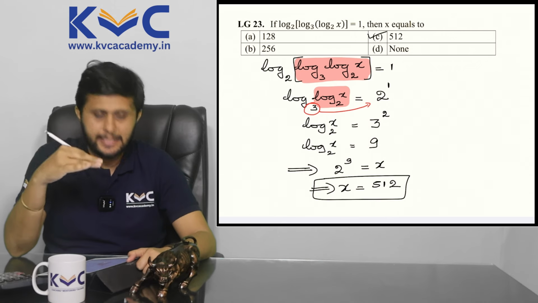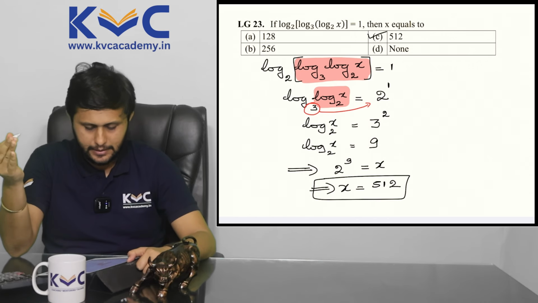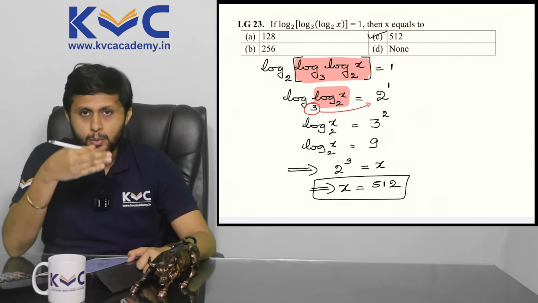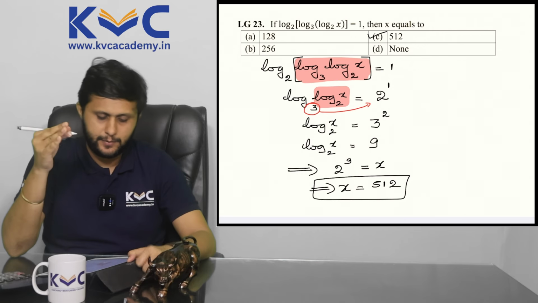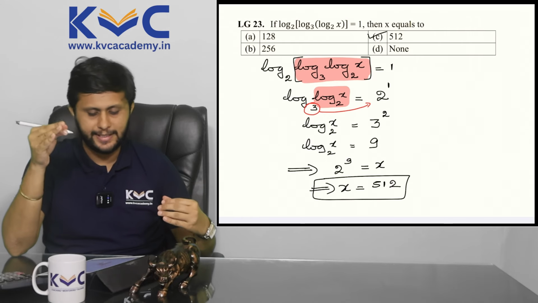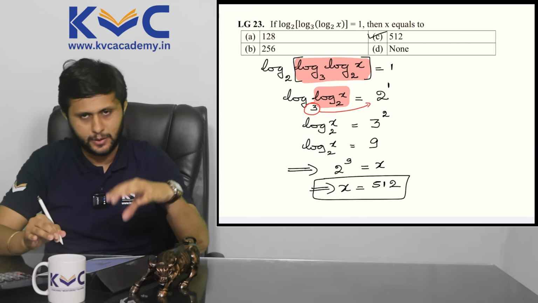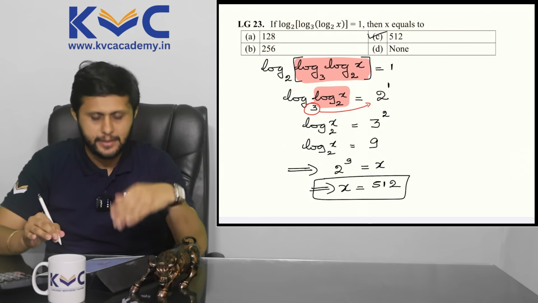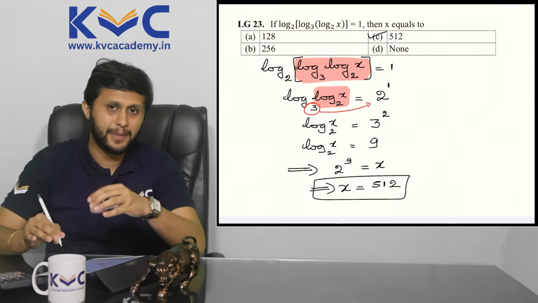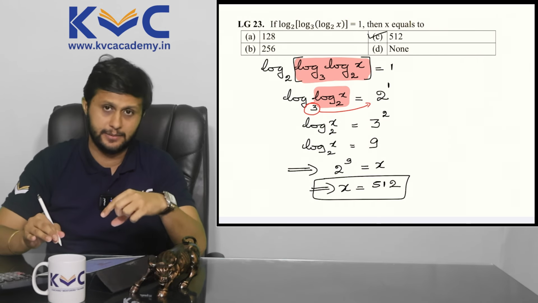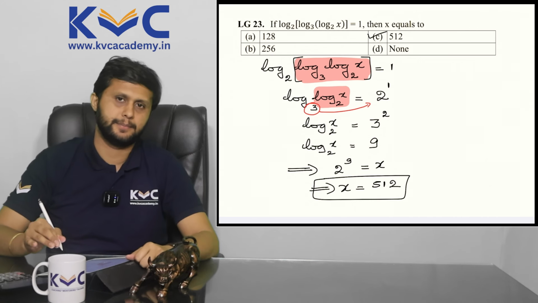You will get left hand side equal to right hand side. Otherwise, you have to move to exponential form step by step. First take the outermost one outside the bracket. You get the answer of the first logarithm, and then you move closer and closer towards the last part of the logarithm, the last term, and then you'll get the answer.